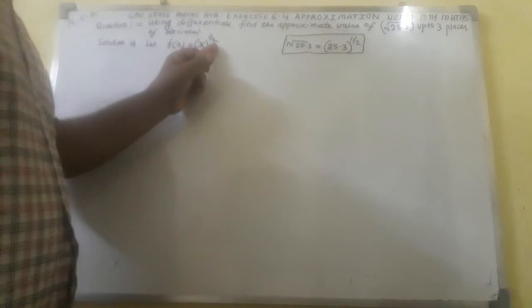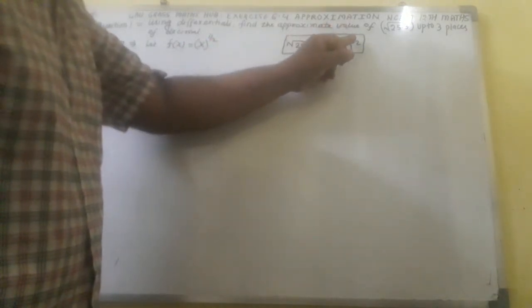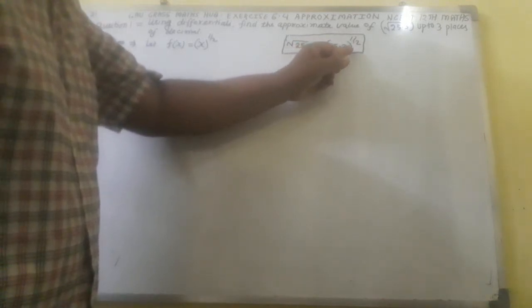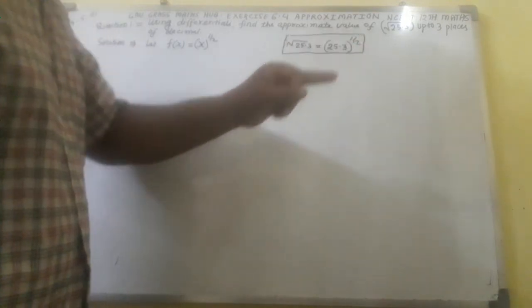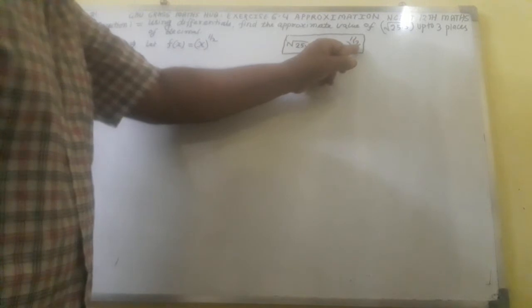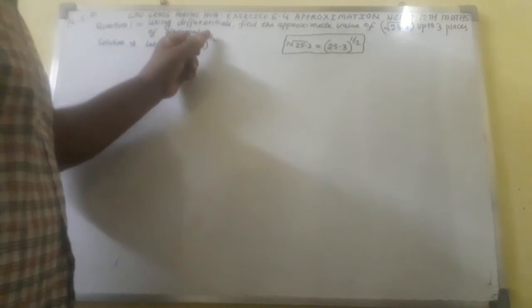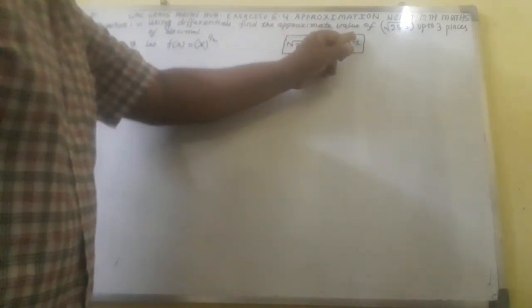Here 1 over 2 I have taken from this place. 25.3 raised to the power 1 over 2 is there, the same 1 over 2 will be reflected here. F of x is fixed, x is also fixed, but the index I shall take from this place. 1 over 2, 1 over 2 must be the same. Remember this one.